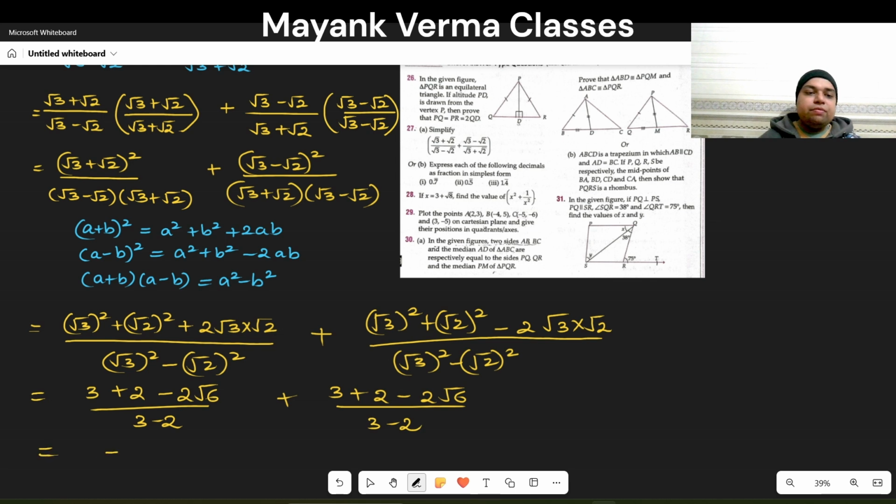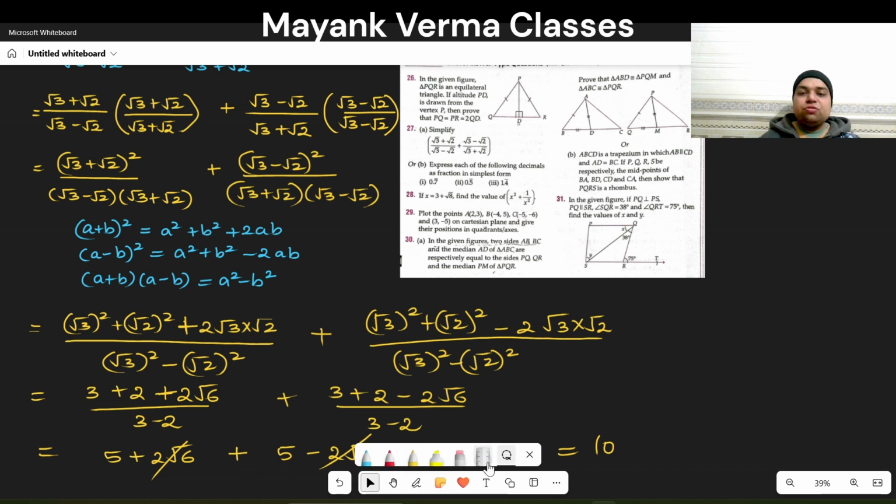So it will become 5 plus 2 root 6, oh sorry, this should be plus. This is plus here. This is also plus. So 5 plus 2 root 6, and denominator will be 1 here, and here it will be 5 minus 2 root 6. So this 2 root 6 will get cancelled out. I will get 5 plus 5, which is 10. So 10 will be the correct answer. Alright. So let's see the next question also.